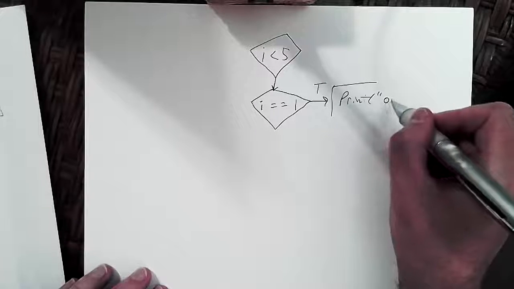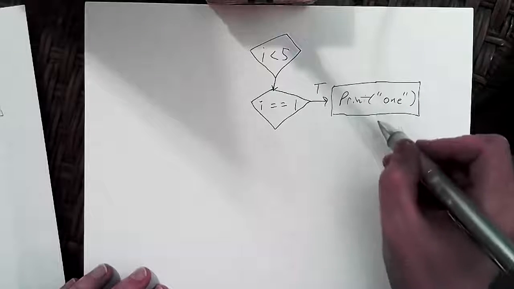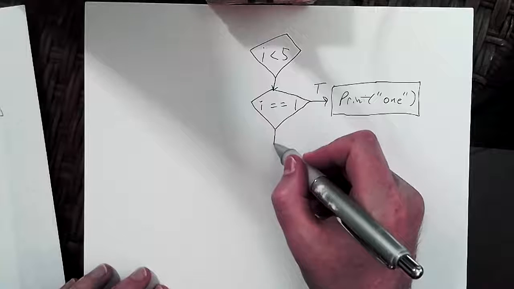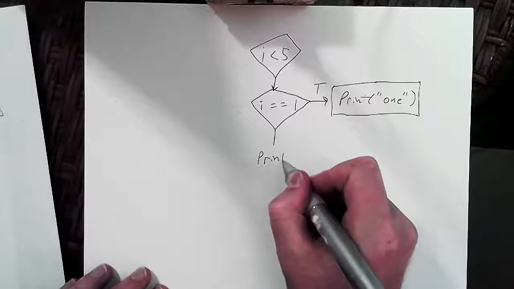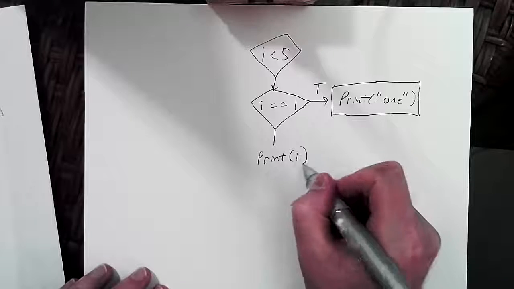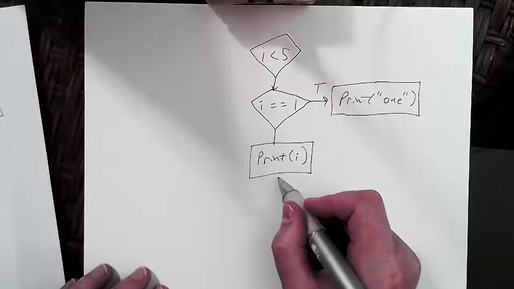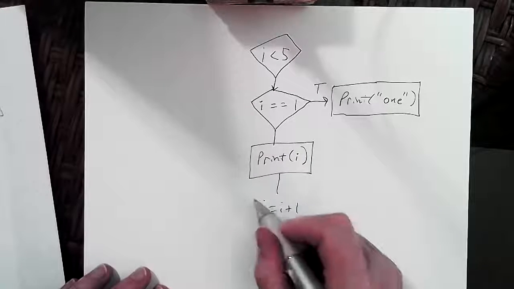Let's say the word 1. And then otherwise we'll print I. And then we'll come down to the I equals I plus 1.